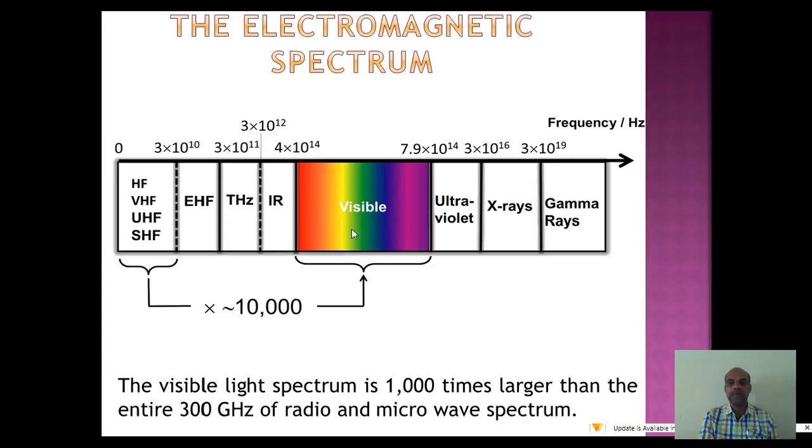This spectrum is license free. There is no need to take any license, whereas the radio spectrum is licensed, so we need to take a license for the space we are going to use. In this case it is different. That's why this space is more available and at the same time license free, and right now research is going on in this visible light spectrum.